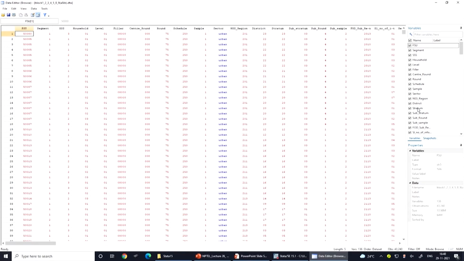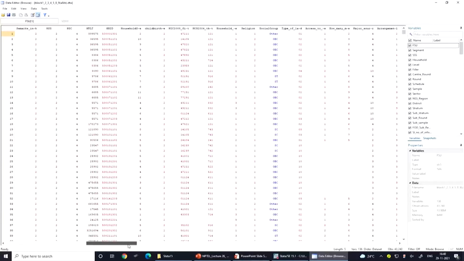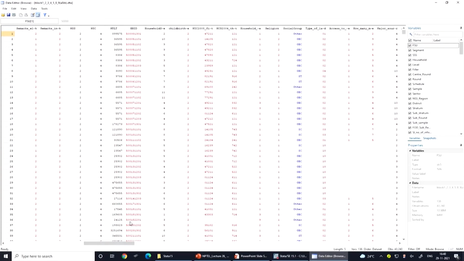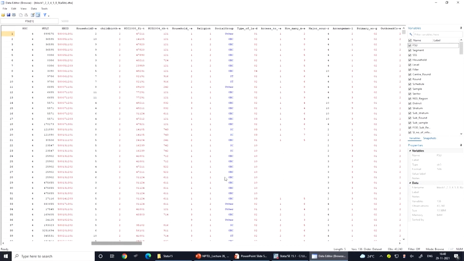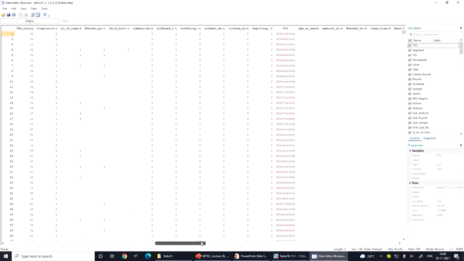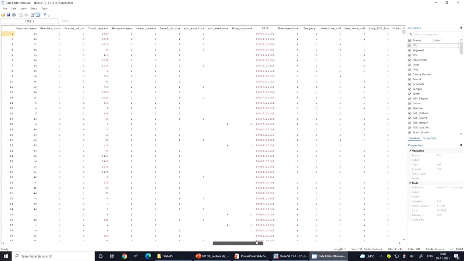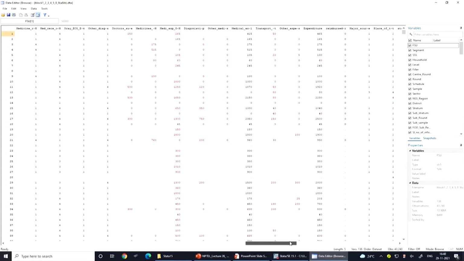I have already clarified that the variables in red font, red color, are string variables. Those in black font are called numeric values. Those in blue color are called labeled numeric. They are not exact numeric values, they are in fact labeled. Okay.